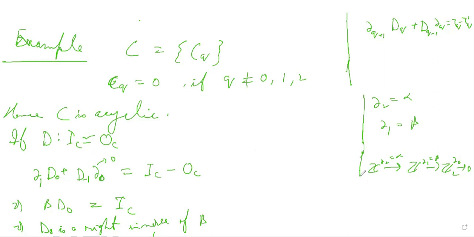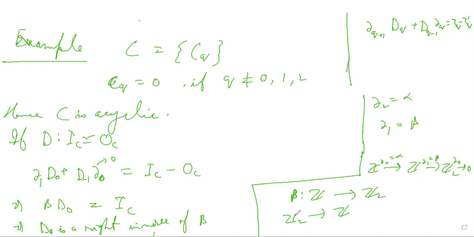But you see that your beta is from Z to Z2, and so if it has an inverse, then it will be from Z2 to Z, right?